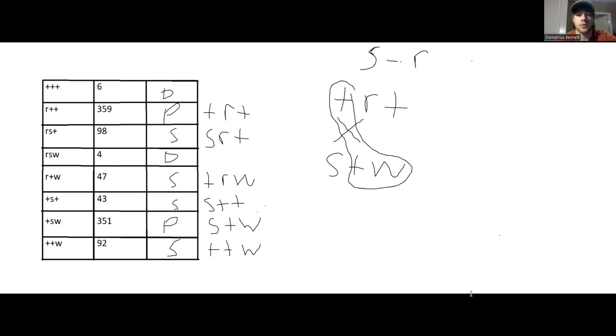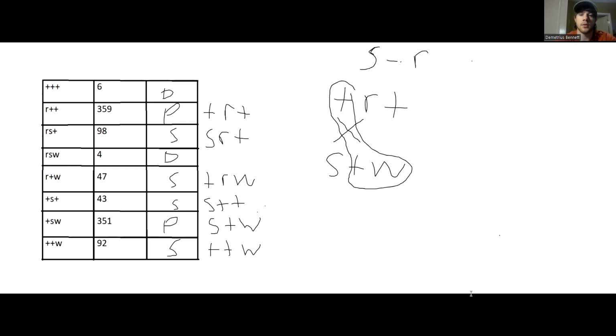Our double crossovers, if you line these up, would make kind of a V, right? Plus, plus, plus, and that's why it's a double crossover. But this is just a single crossover. We're only crossing over once. So if we look at the phenotypes in our population, we'll find which one has the plus plus W, and that's the very bottom one.